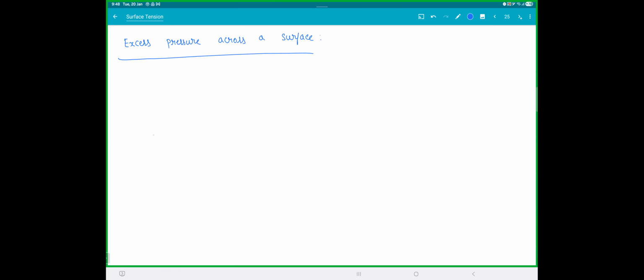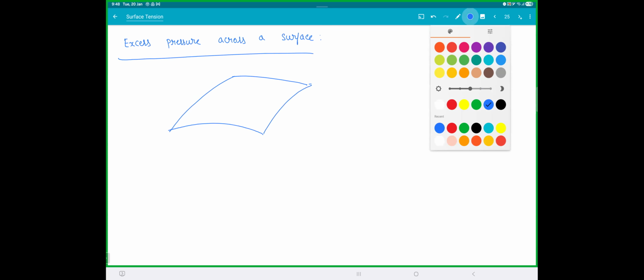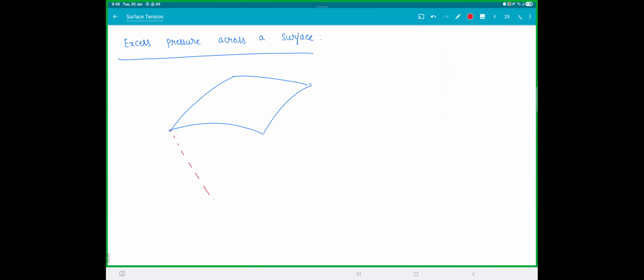So let's say if you have a surface like this, let's say this radius of curvature is R1, this radius of curvature is R2.